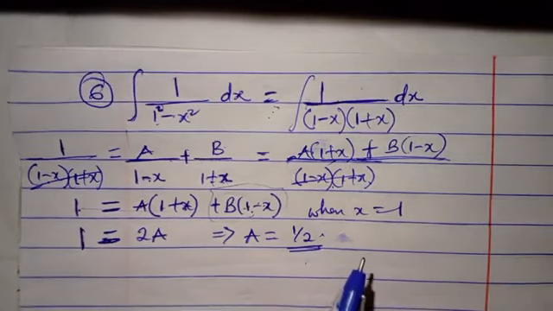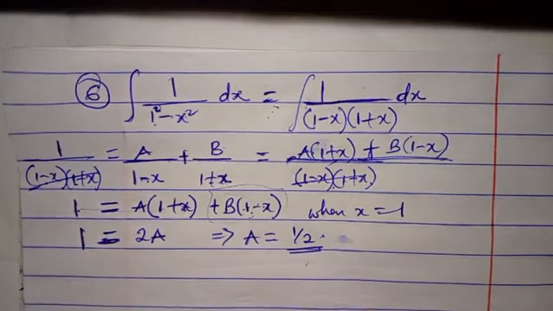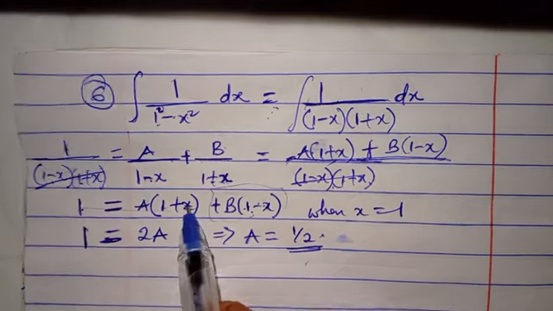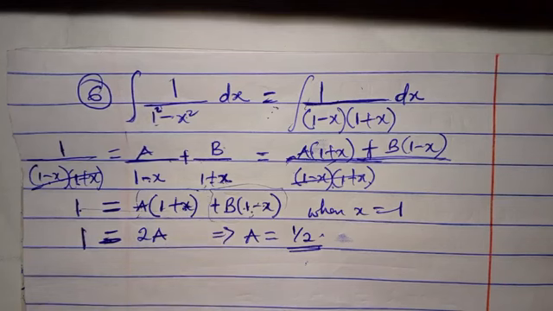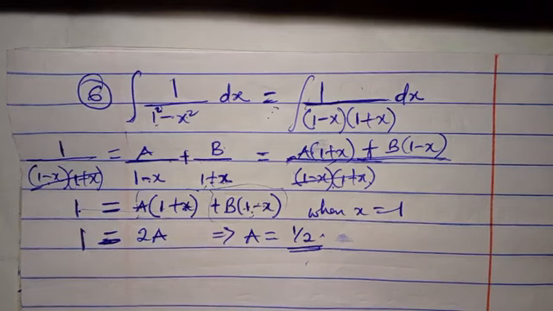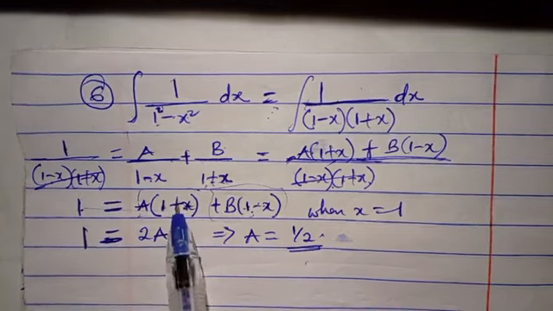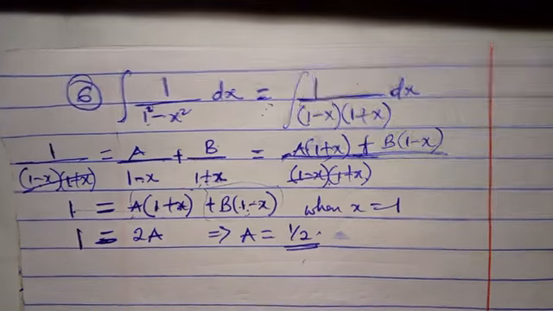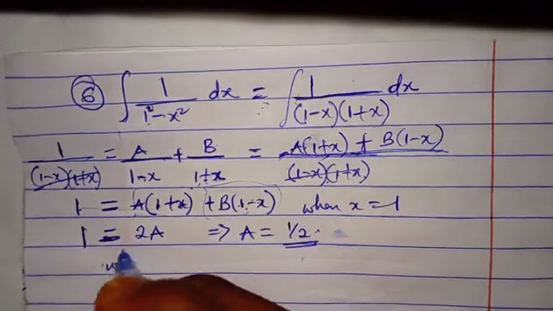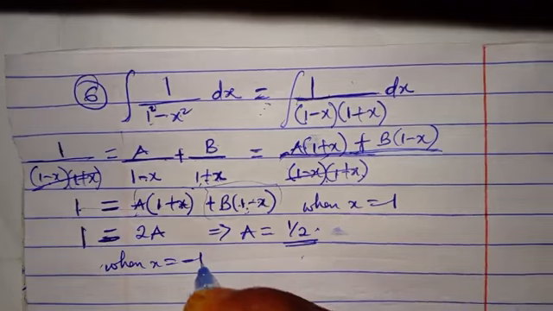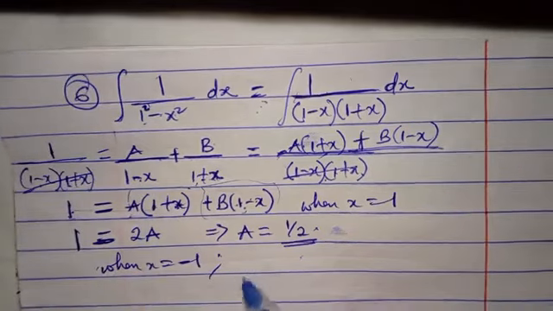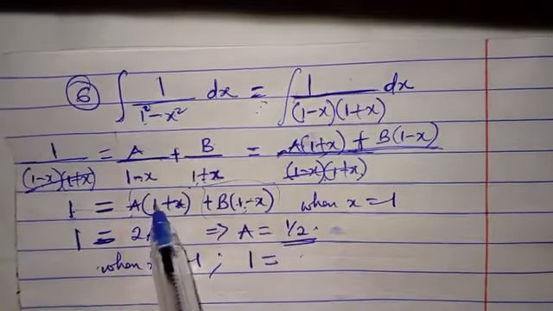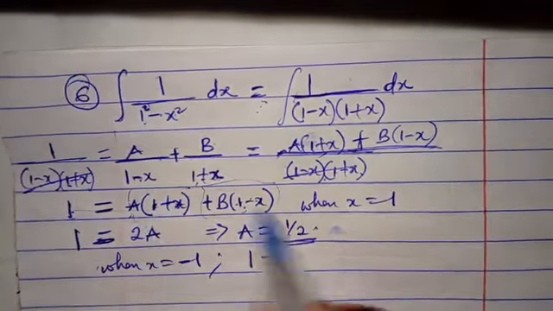The same way we got a, let's get b. What do we plug in for x that will make everything here equal to 0? It's going to be minus 1, because 1 plus minus 1 is 0. So when x is equal to minus 1, we obtain 1 equal to 0 for that term, so everything is 0.